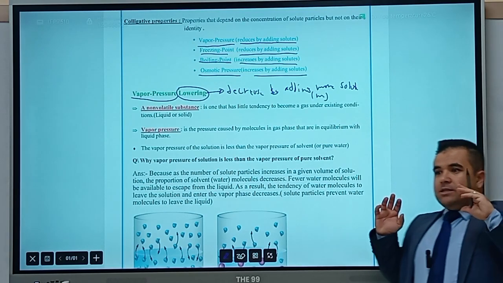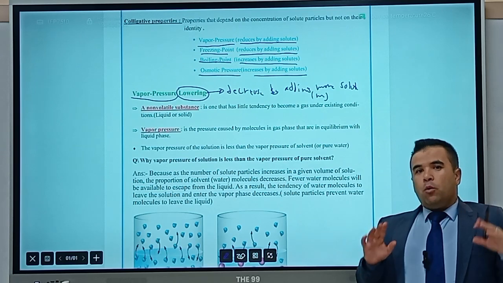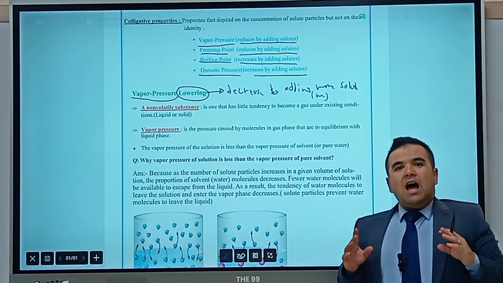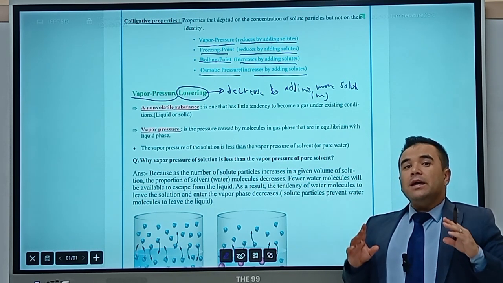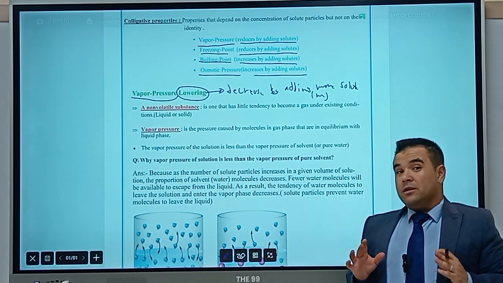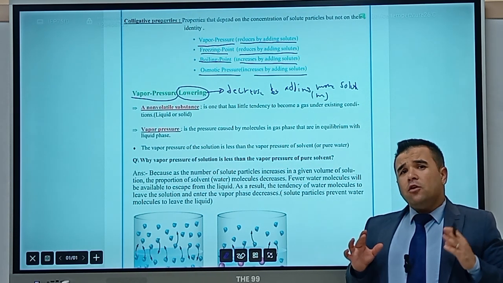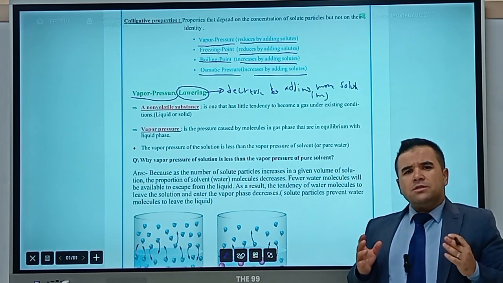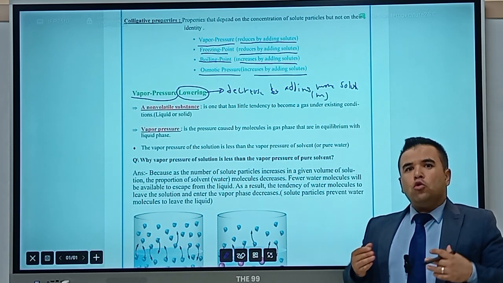But first of all, guys, let us define those solutes that we work with frequently in our solutions. The solutes that we use have a property that they do not become gaseous easily, and they do not escape from the solution easily. Those solutes we call non-volatile solutes. A non-volatile substance has a low tendency to escape to the gaseous phase or to vaporize.